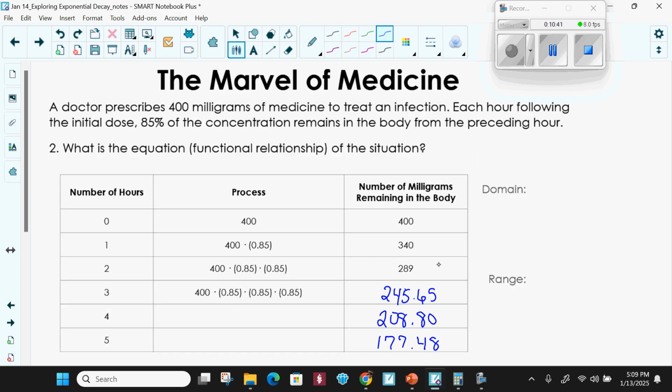Okay, so when we're looking at these numbers, basically what it's asking is what's the relationship of the situation? So what is the domain of the problem? We're seeing a starting value of 400 milligrams, and then it decreases each time, leaving 85% of what was in there before. So our domain is the x values, the number of hours.